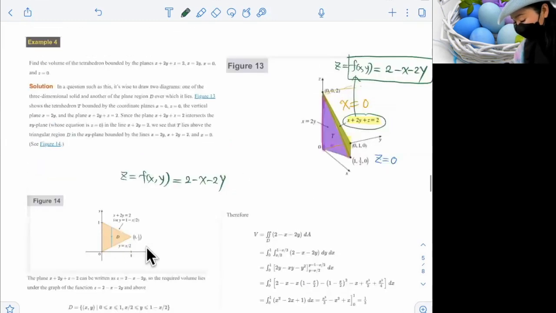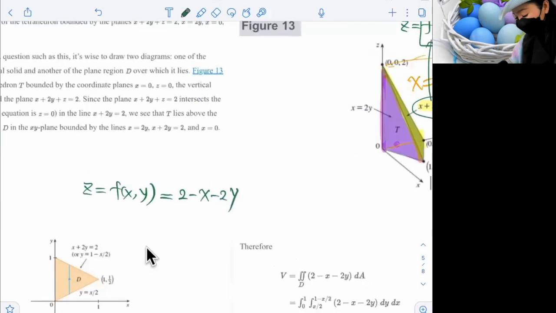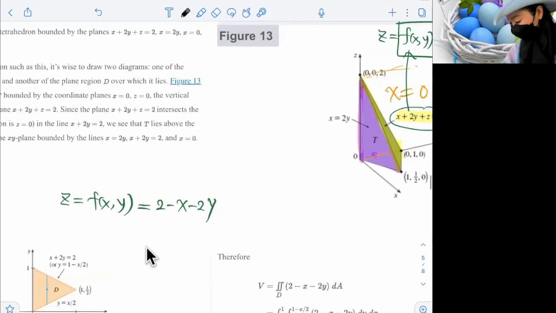Now let's set up the integral. Without looking at the book, let's see if we can do it ourselves. So the value of this tetrahedron is the double integral of this function, that is 2 minus x minus 2y.